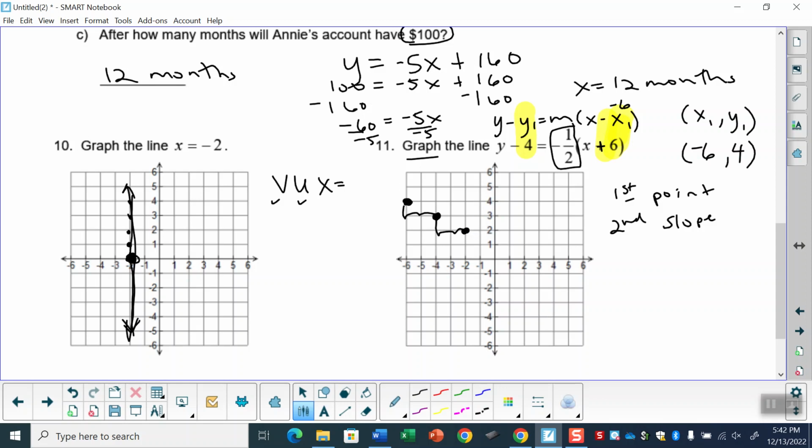So there's a point here, down 1 over 2. Put a point here, down 1 over 2. All right, and then I just kind of connect the dots here. All right, so that is graphing a line when you have point, that is called point slope form.